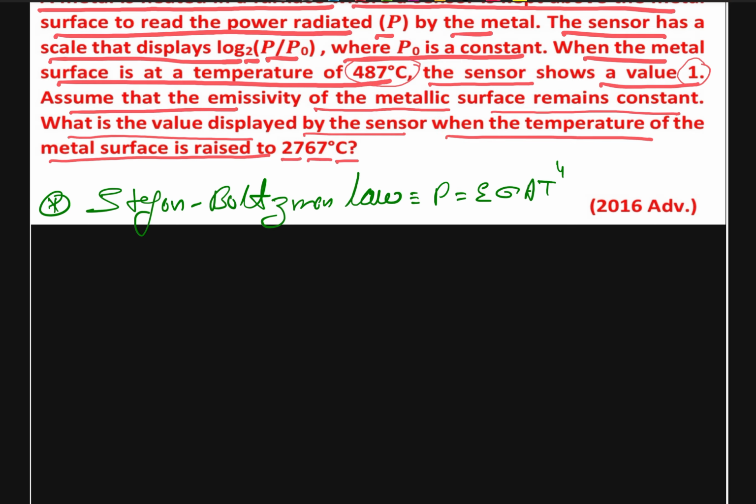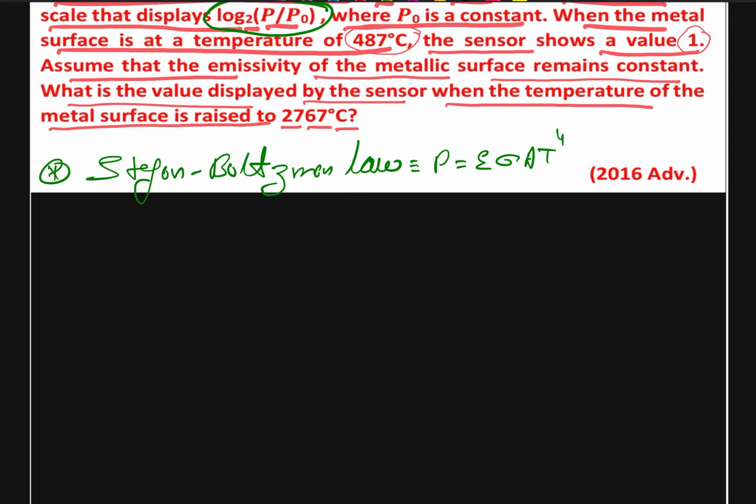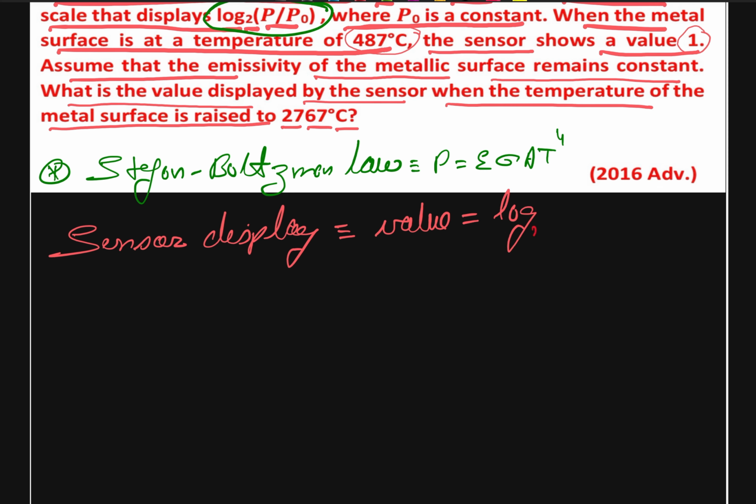And the sensor is displaying a value which is denoted by log of 2 P upon P naught. Okay. So we can say the sensor displays some value, and that value is equal to log of 2 P upon P naught, where P naught is a constant, might be some reference power.